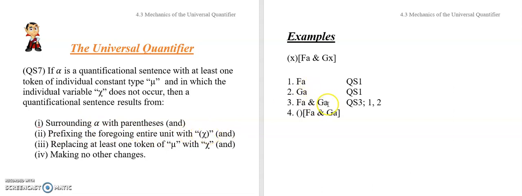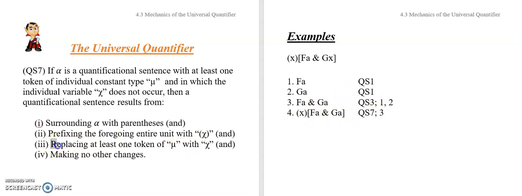In this case, since neither x, y, nor z appears in here, we have our choice. But since the sentence asks for x, we're going to do it in terms of x. It's legit to do it in terms of y, if you like. And that was QS7. Sorry, we're not quite done yet, but that was QS7 on line 3.